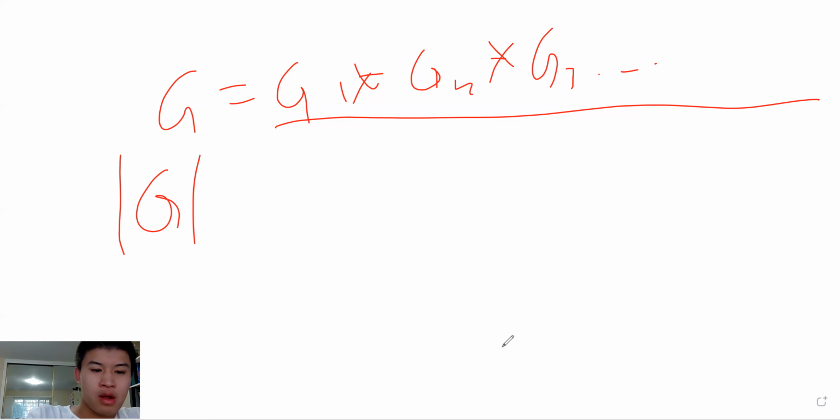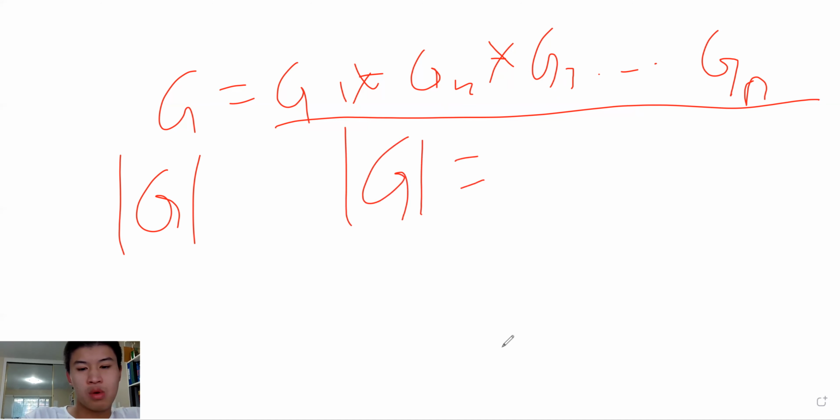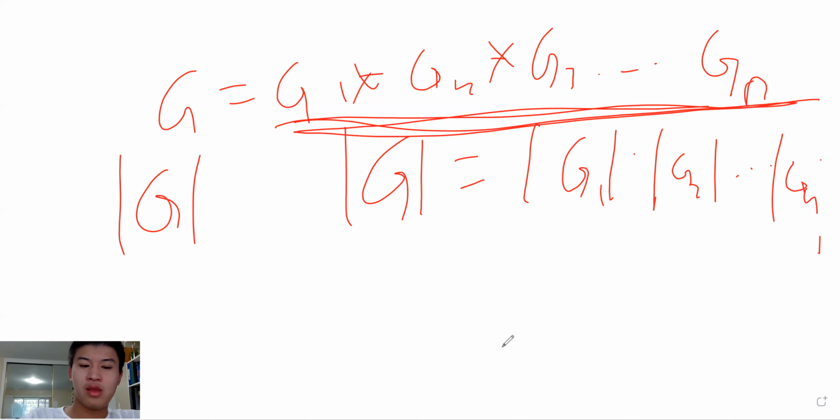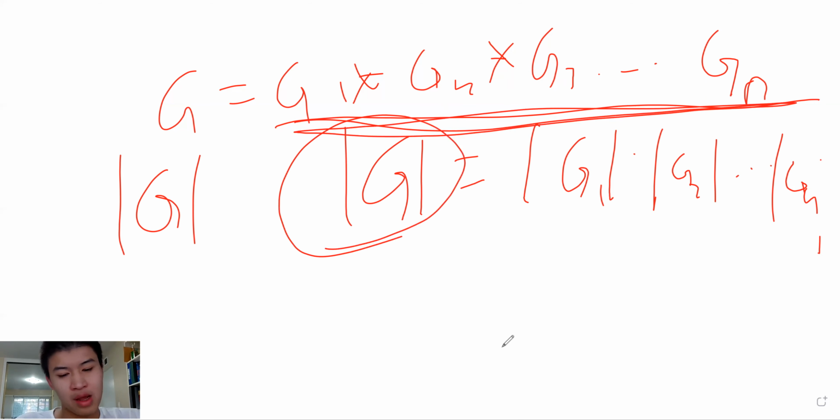But if it's finite, up to Gn, then the order of G will be equal to the product of each respective order, the order of G1 times the order of G2 up to the order of Gn. And if any one of these groups is infinite, then the direct product will be infinite.